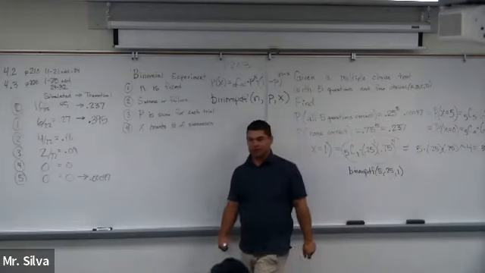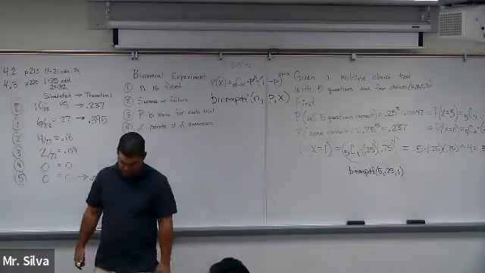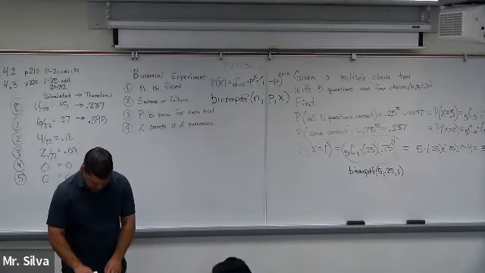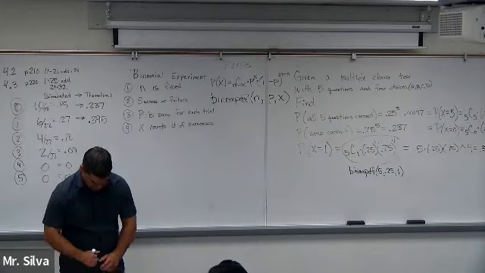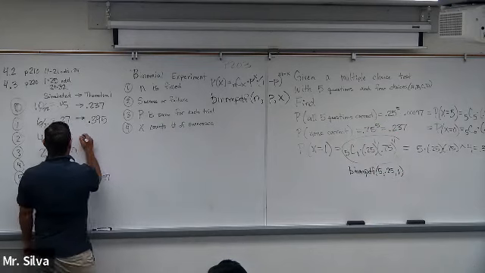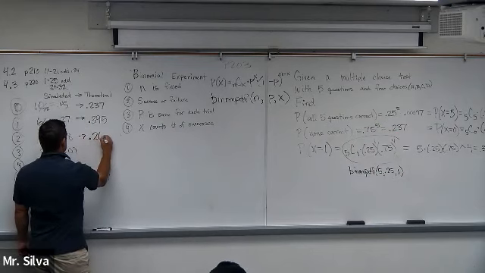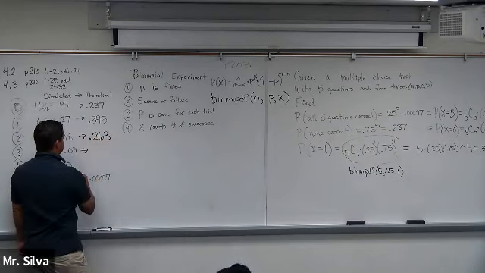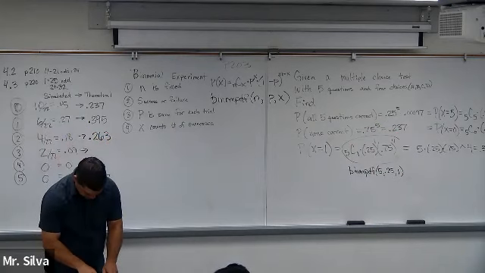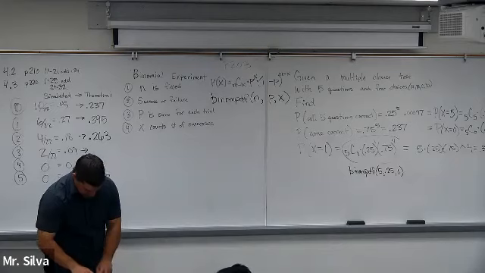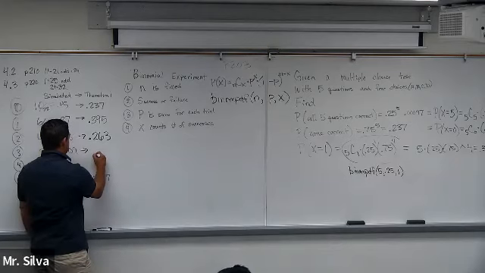Put a 2 there. binompdf, 5, comma, 0.25, comma, 2, 0.263. Put a 3 there. The calculator is doing the formula for us: 0.087.